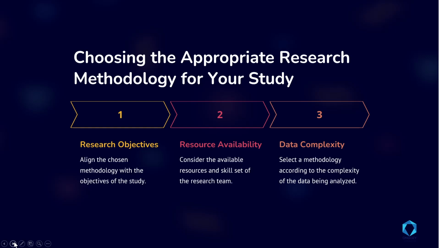Because methodology is about resources. When you're choosing your methodology, look at your resources, because when you're defining your population, your respondents, the number of respondents, wow, you need to really know, do you have enough resources to actually conduct research on that number of respondents?